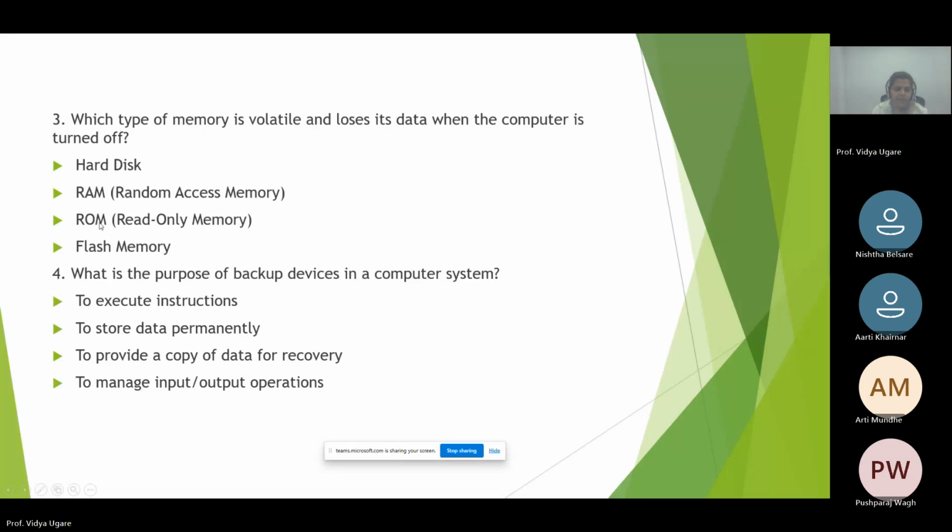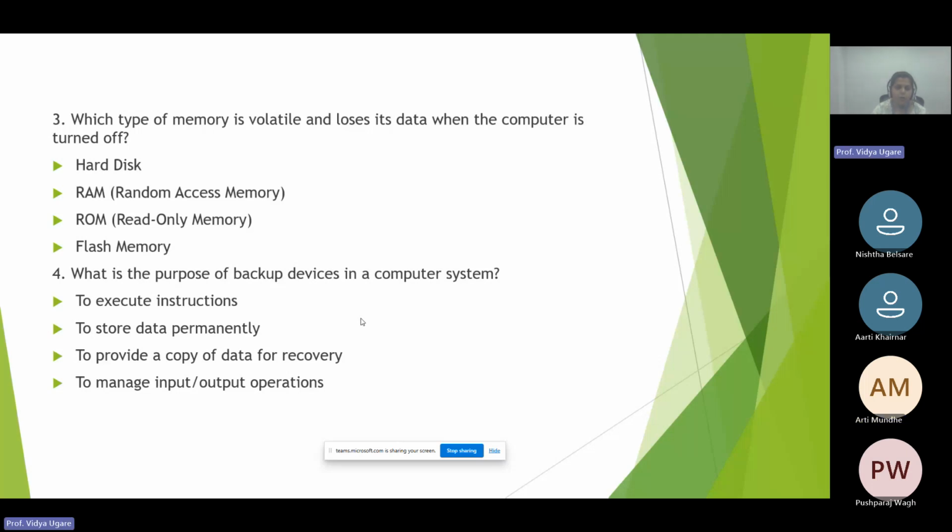Correct answer. Then, what is the purpose of a backup device in a computer system? Why do we use backup devices? To execute instructions, to store data permanently, to provide a copy of data for recovery purposes, or to manage input output operations. Yes, to provide a copy of data for recovery.